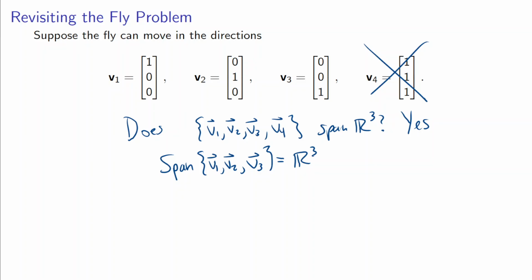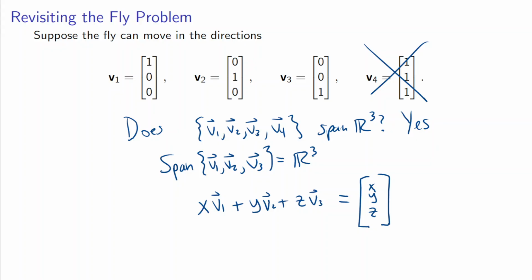If I wanted to get to the point (x, y, z) in R3, I could just multiply v1 by x, v2 by y, and v3 by z, and I would get precisely the vector (x, y, z), pointing at, in its standard position, the point (x, y, z). So it's not too hard to see that.